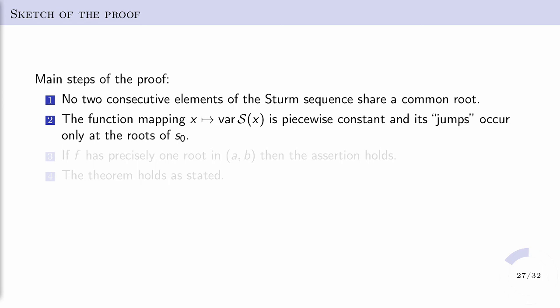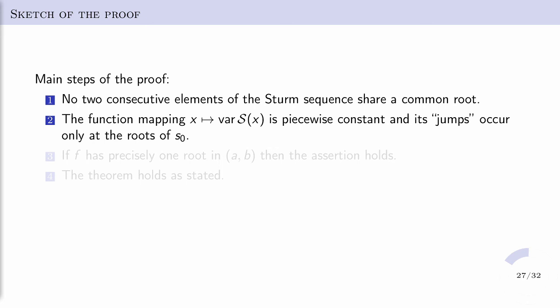The second step is to prove that if we consider a function on the interval ab that for every x assigns the number of sign changes in the Sturm sequence, then this function is actually piecewise constant. It is constant except possibly at the roots of f.